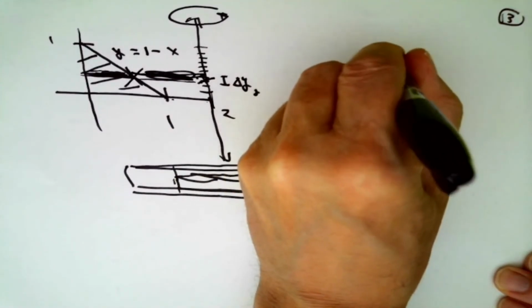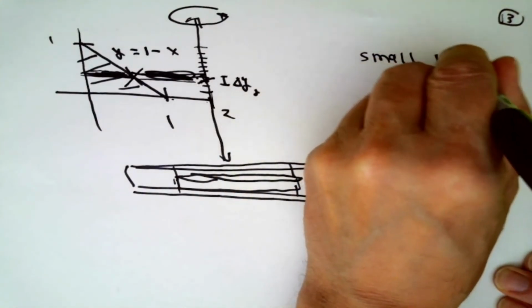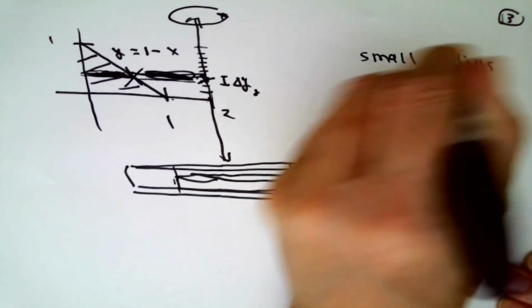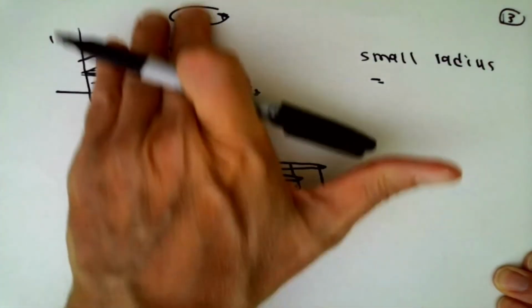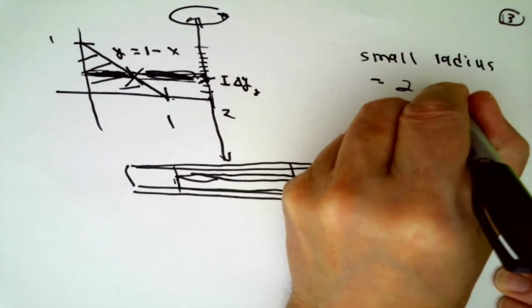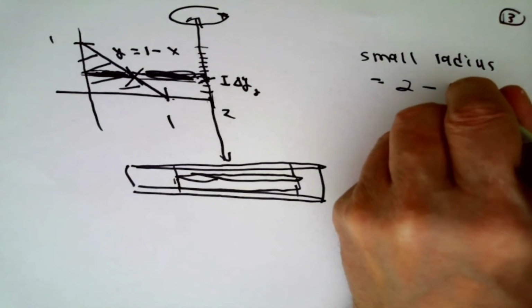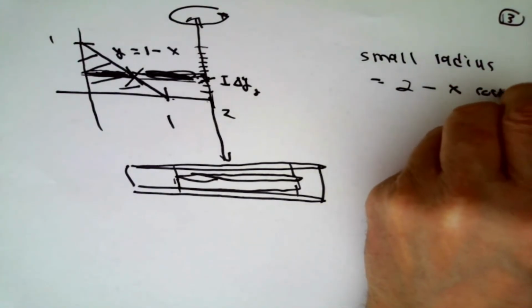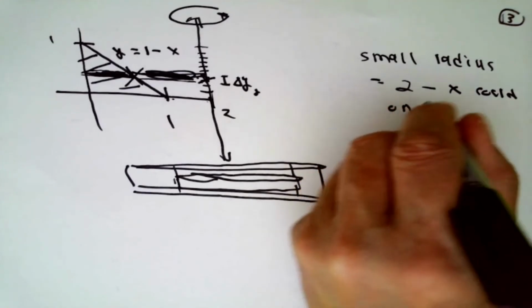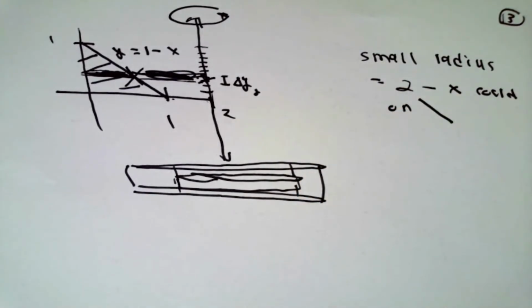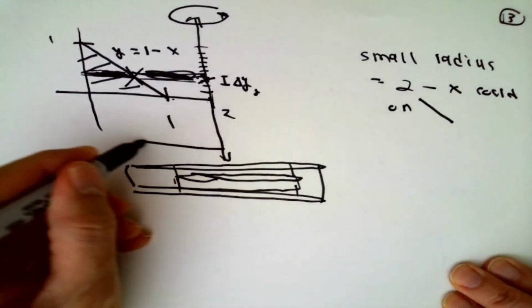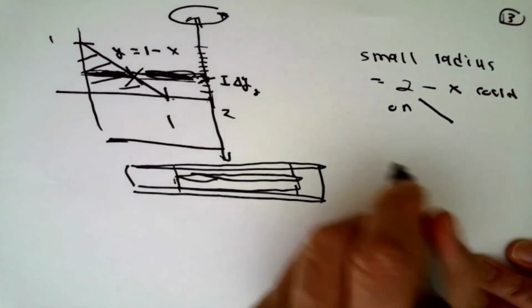The small radius is 2 minus the x-coordinate on this downward sloping straight line. The big radius is 2.